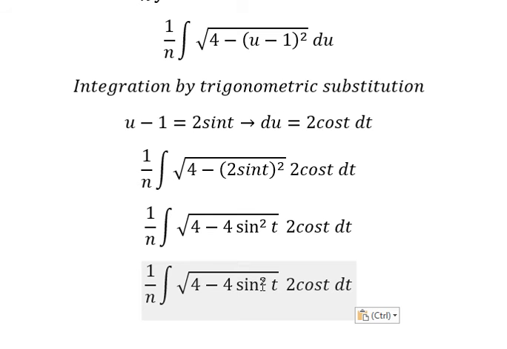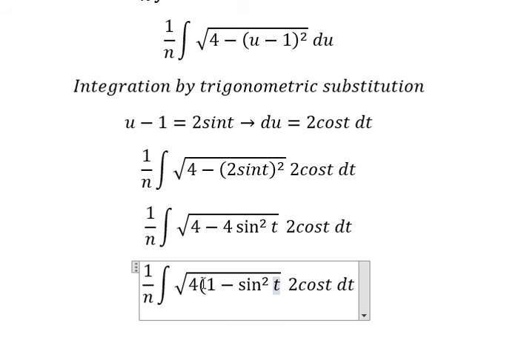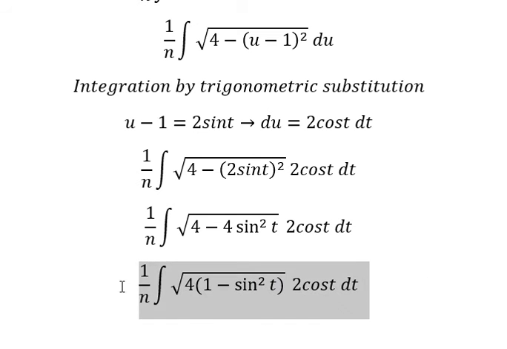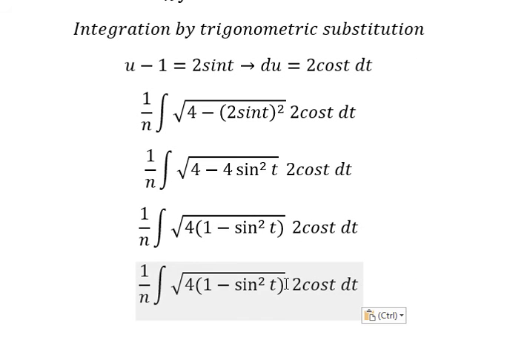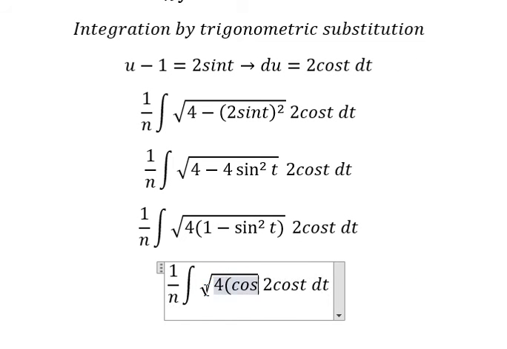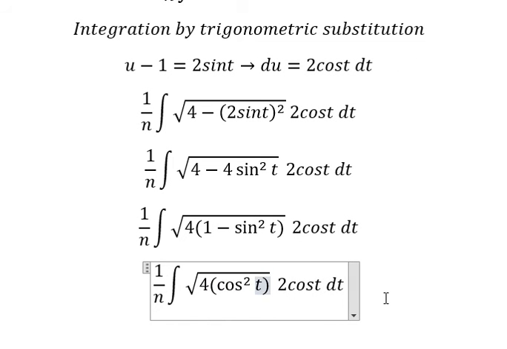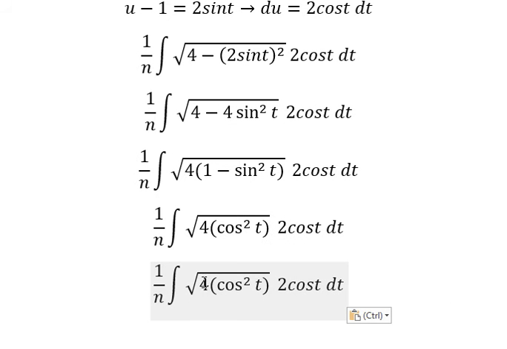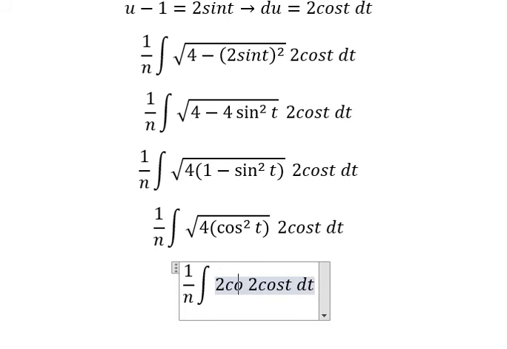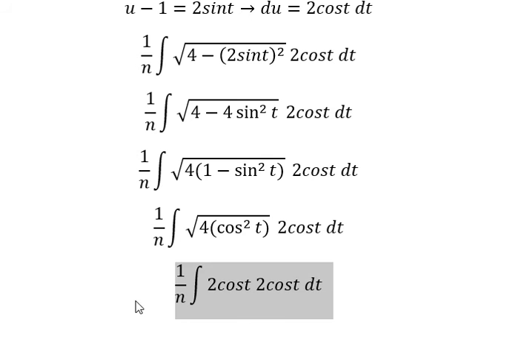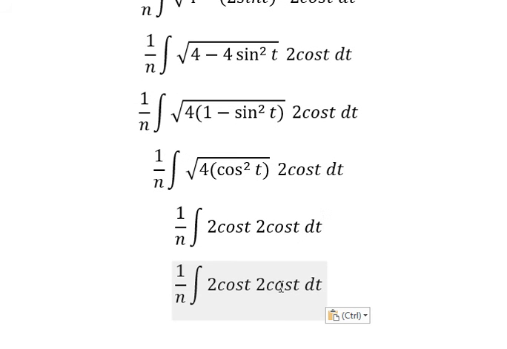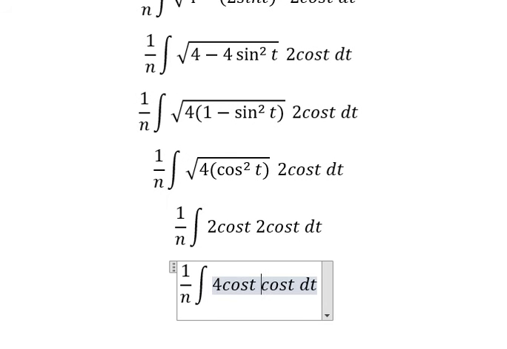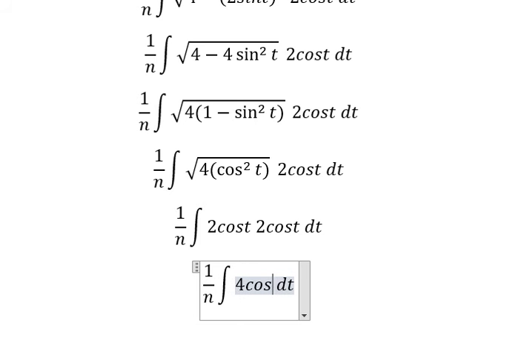Number 4 and number 4 we can do factorization. And this one we change for cosine t square. The square root of 4 cosine t square we change for 2 cosine t. Number 2 and number 2 we get 4 cosine t and cosine t, you get cosine t square.